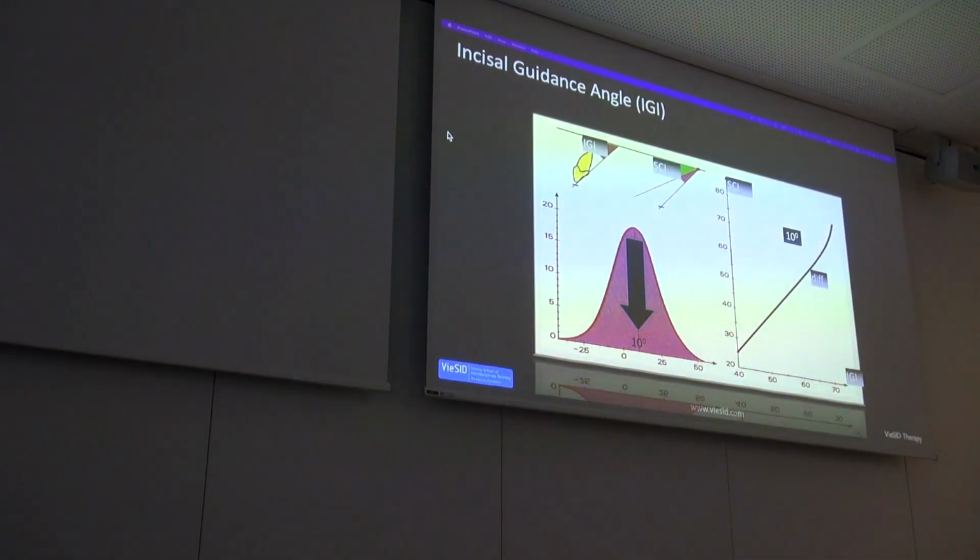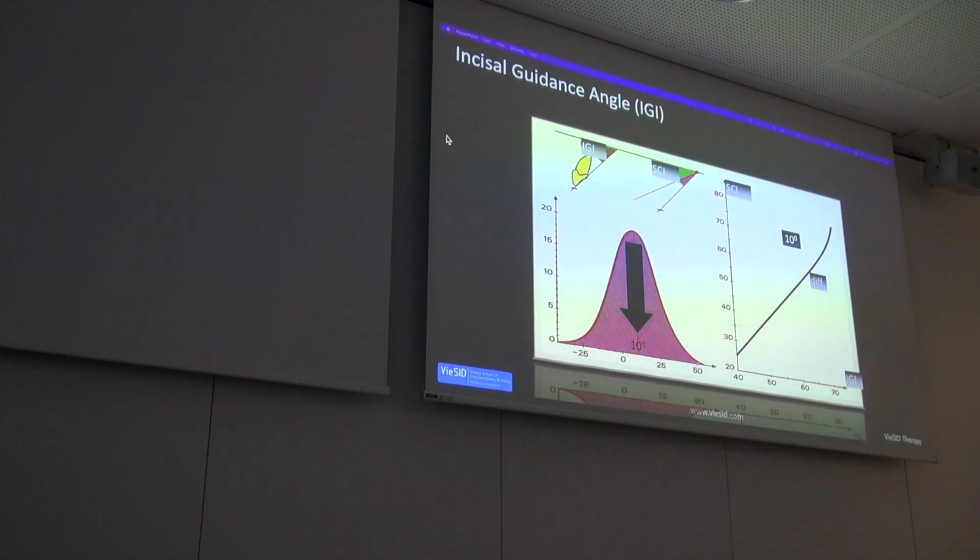But when he did that, he came up with, out of the 1,200 patients, this beautiful bell curve, which is very steep, where you look at here, for example, here's your sagittal cone inclination on the y-axis. This axis here is the incisal guidance inclination.